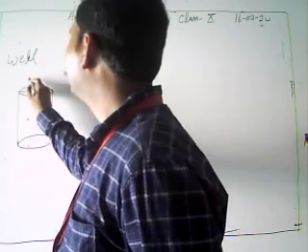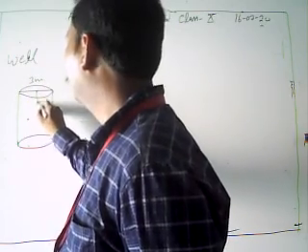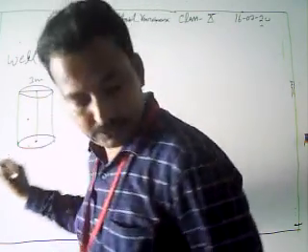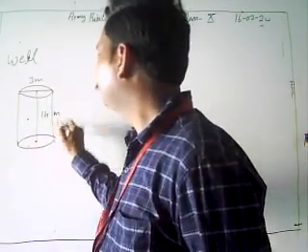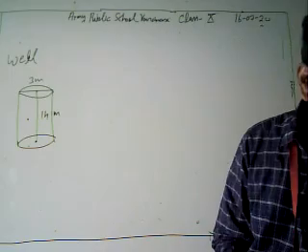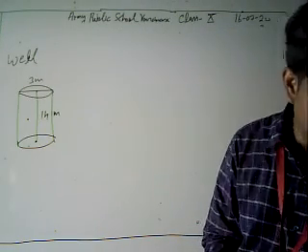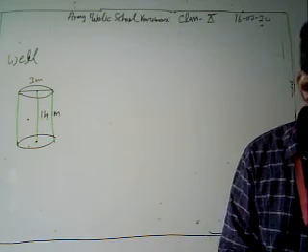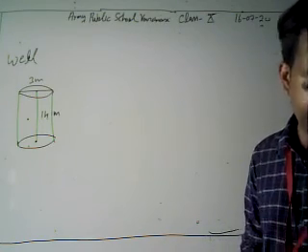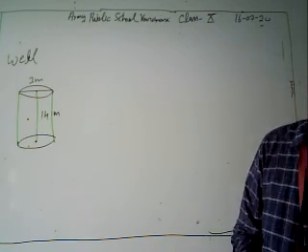Its diameter is 3 meter and its depth, its height, is 14 meter. The earth taken out of it has been spread evenly all around it in the shape of a circular ring of width 4 meter to form an embankment. Find the height of the embankment.